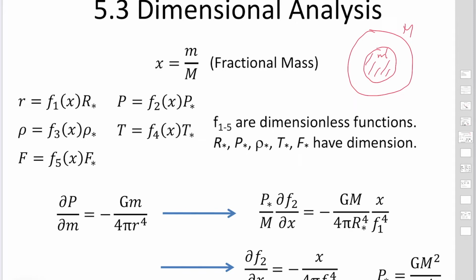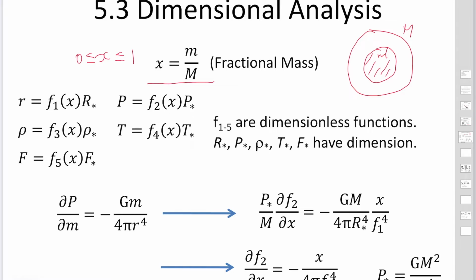Also, instead of r, we could use m, the mass inside of some sphere. Then fractional mass we could express x is m over capital M. So x is between 0, which corresponds to the center, and 1, which corresponds to the surface of the stars.